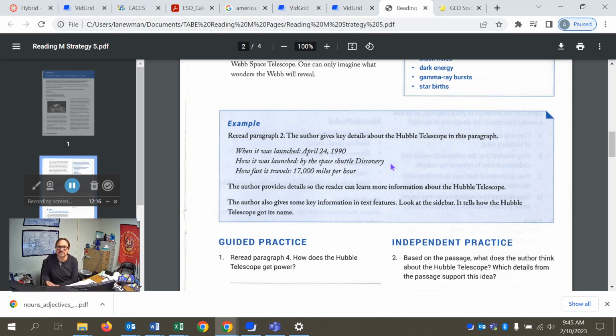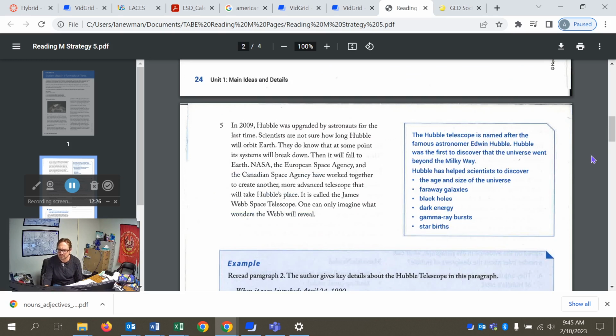The author also gives some key information in text features. So that's kind of the point of what we're doing here. Look at the sidebar. It tells how the Hubble telescope got its name. And we have the description of this scientist, Edwin Hubble, that the telescope was named after.